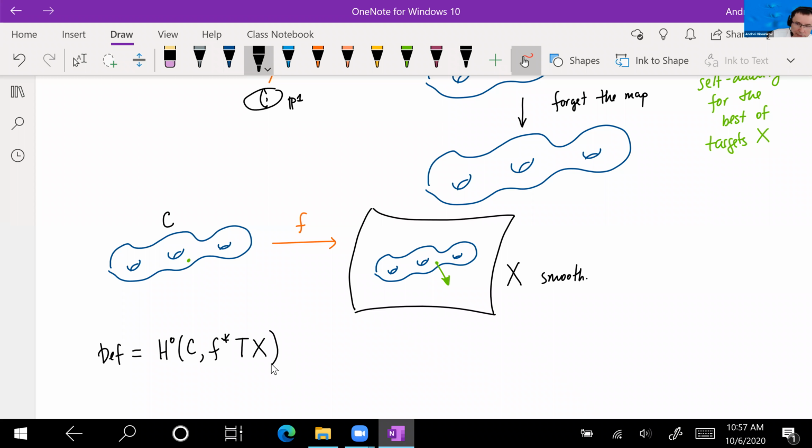And then what are the obstructions? Well, you can think actually about the virtual class, you can think somewhat concretely. You can take your curve and cover it by two affine charts.